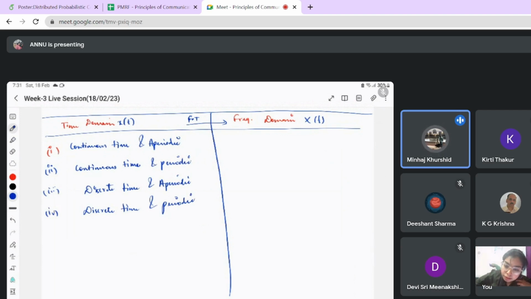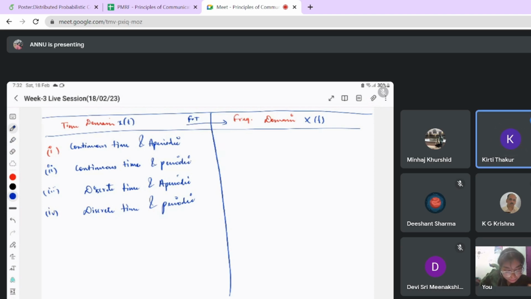Fourier transform, first one. Here, what will be the output? Will it be discrete or continuous, periodic or aperiodic? You have to answer. Continuous time, periodic. Why, Kirti? If the input is continuous time and aperiodic, then the output should also be aperiodic, right?